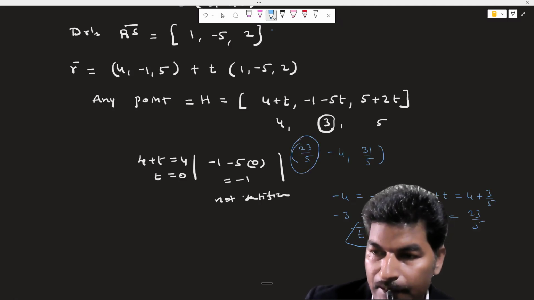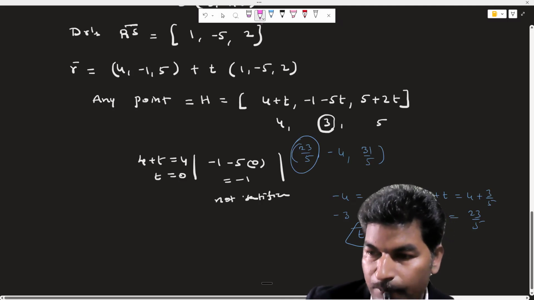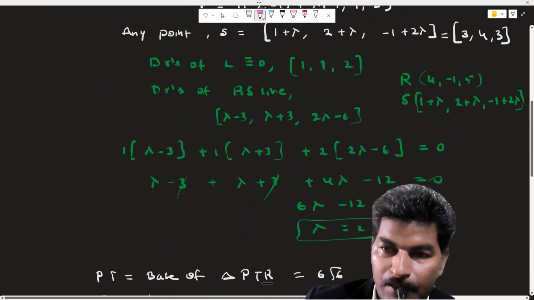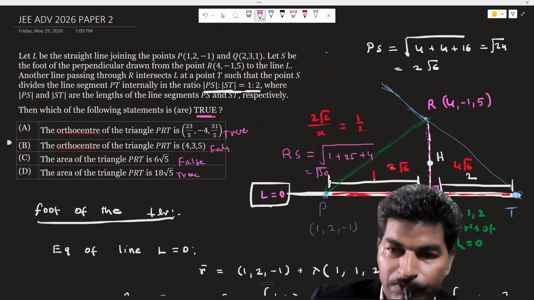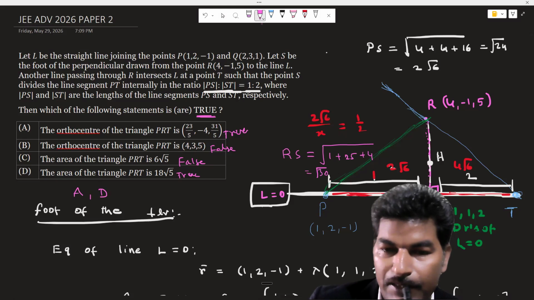Next, 5 plus 2 into t value 3 by 5, 25 plus 6, 31 by 5. Of course, 31 by 5 here. So option A is true. Option B is false. So the correct answers for this question are A and D.